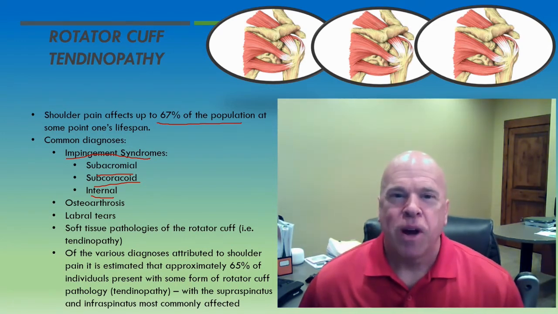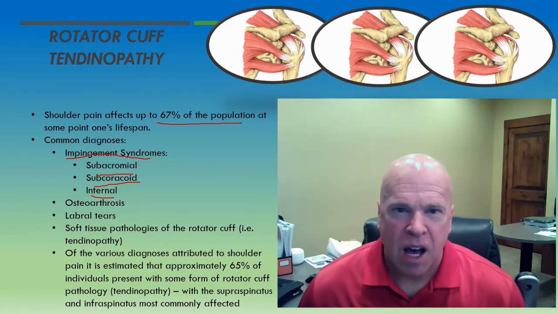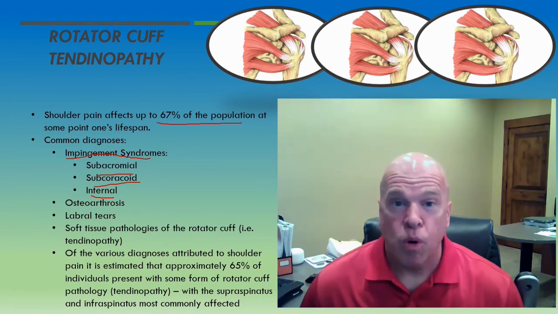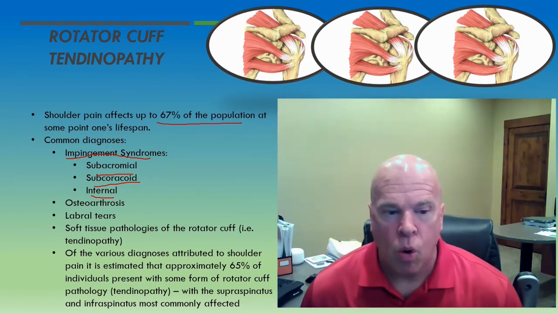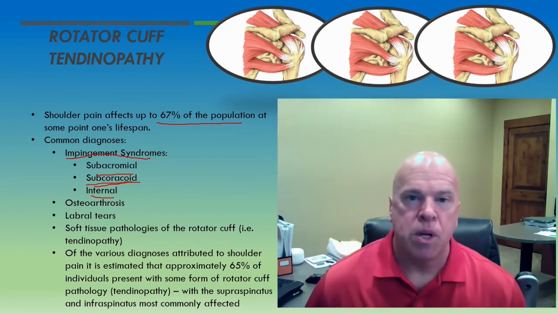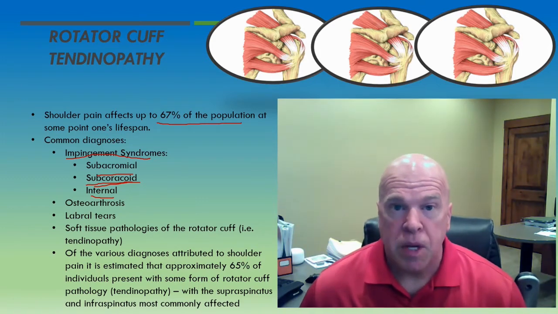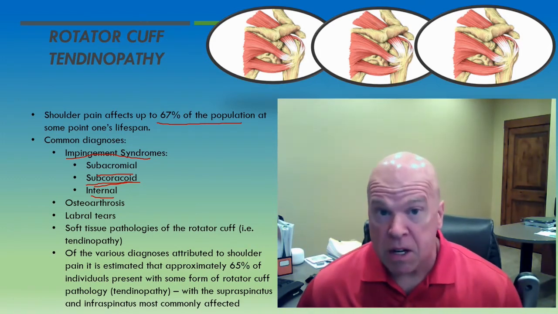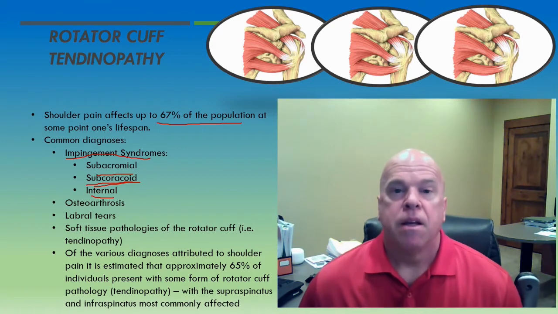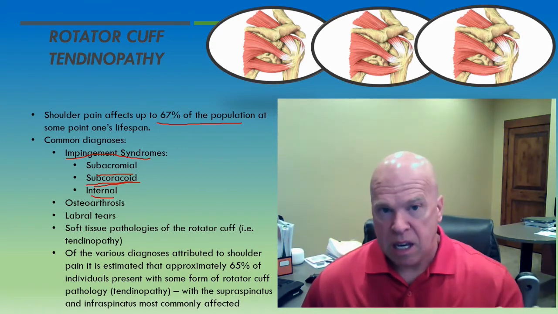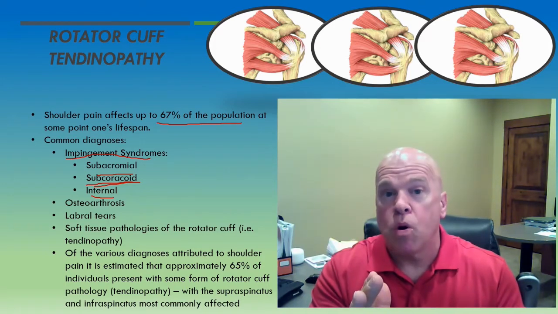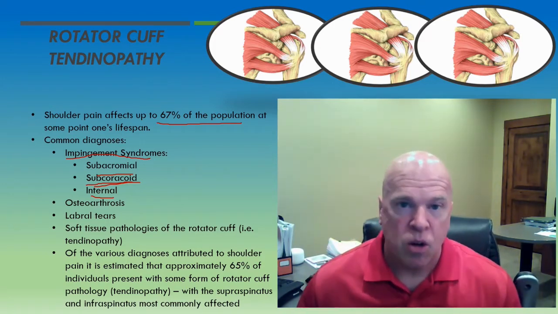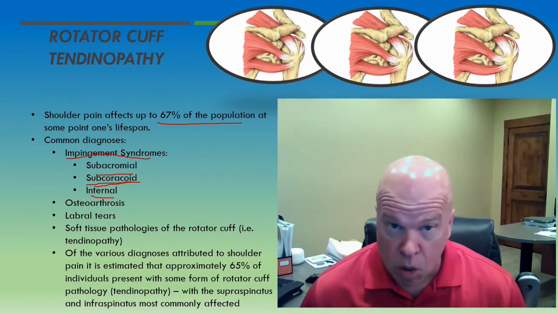Well, the greater tuberosity of the humerus is also the insertion point for the subscapularis tendon, and with the subcoracoid impingement syndrome, we see an impingement of the subscapularis tendon against the coracoid process, as it gets pinched against the coracoid process, again by the greater tuberosity of the humerus.